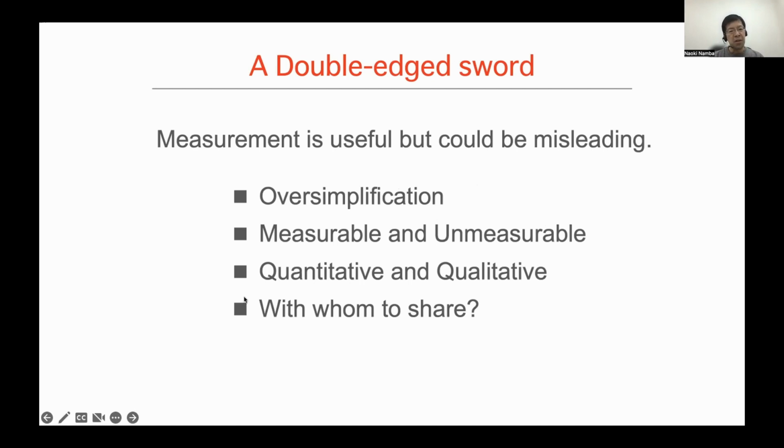And I also think that it is very important to know who you should share the data with, because when you analyze and evaluate, it should be done in relation with the goal or objective you have. So you should share the data of those measurements with those who share the goal and objectives.